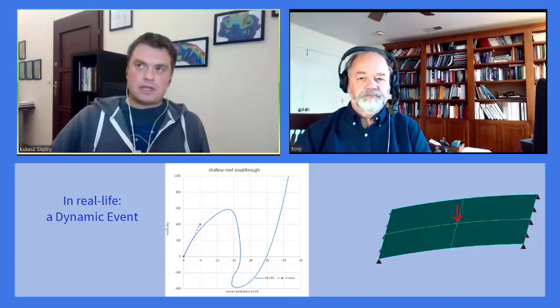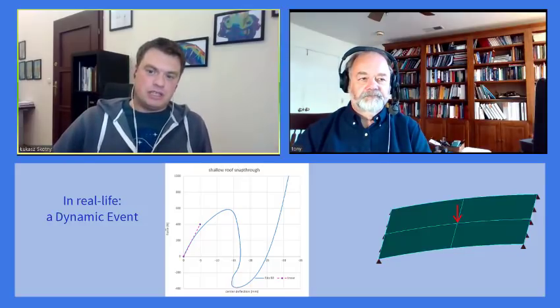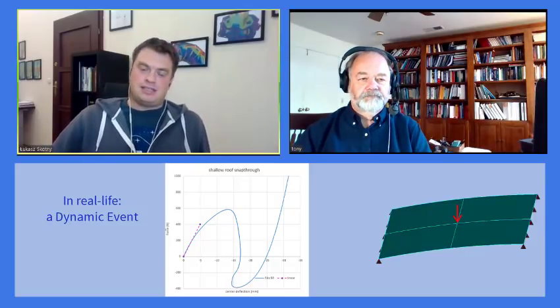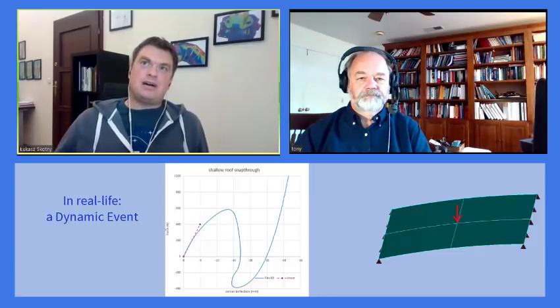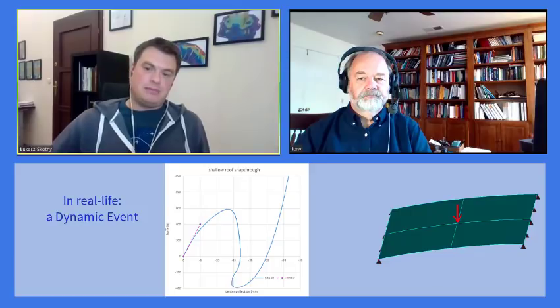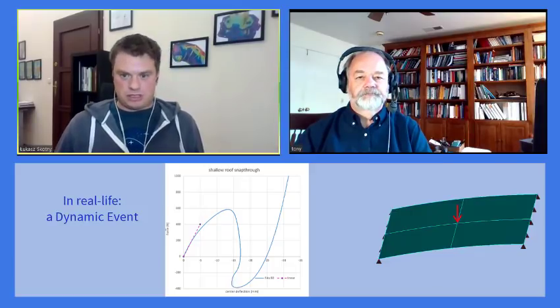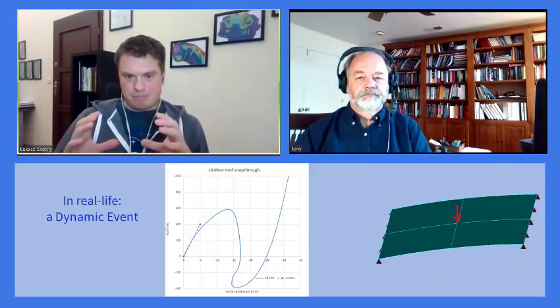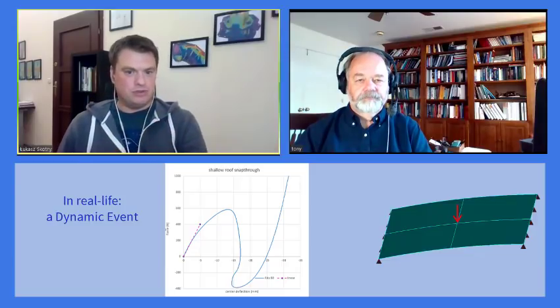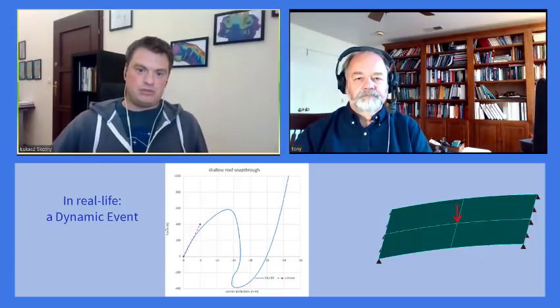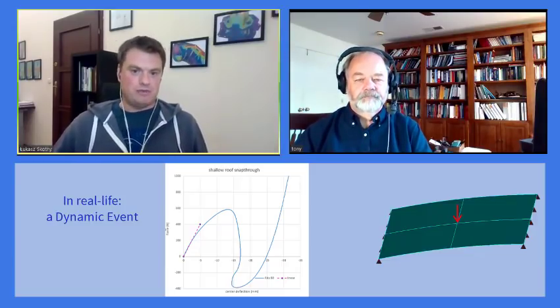Well, I would say it depends on what you're after. But in the design that I mostly do, I would say it will come in handy to have a dynamic analysis if you are very interested in what really happens during the snap-through. But usually the point is to realize at which load the snap-through happens.